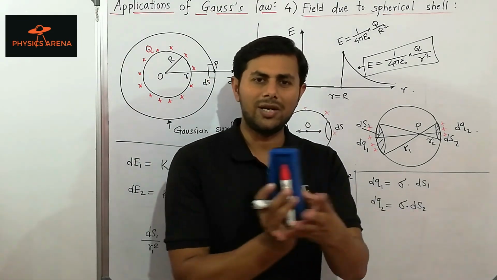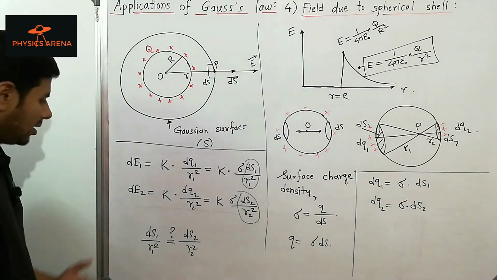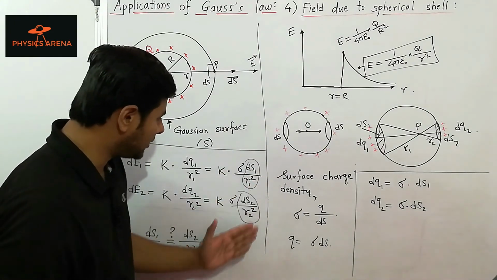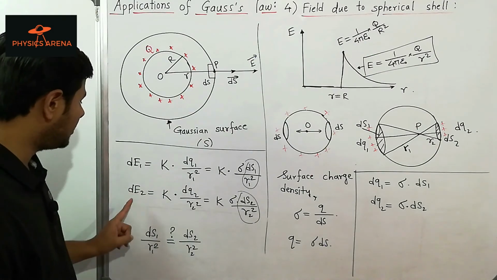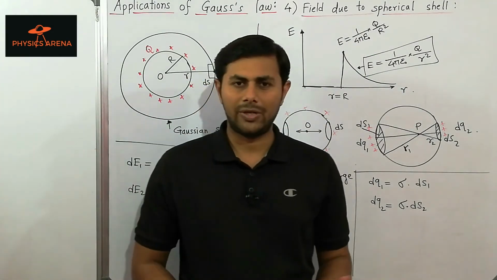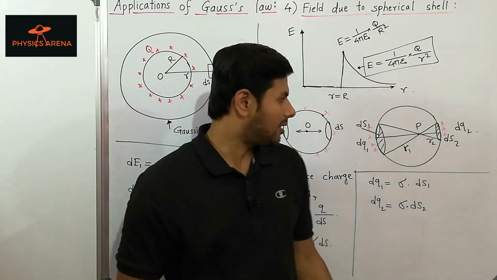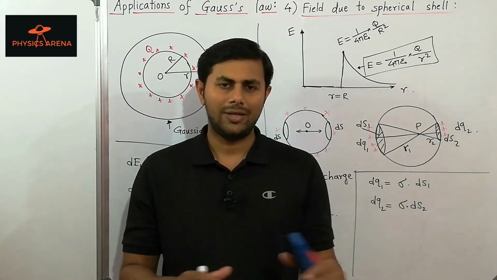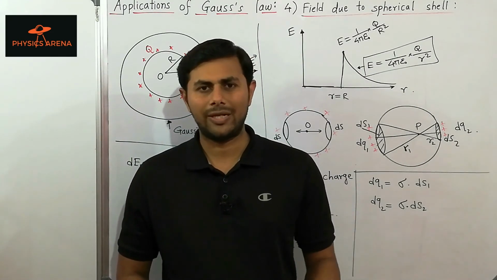They are vertically opposite solid angles. So that's why we can say that the solid angles are the same, ds1 by r1 square is equal to ds2 by r2 square, and that's why dE1 is equal to dE2. And hence, since dE1 and dE2 are directed opposite to each other, the net electric field at P is also 0. So the electric field in the interior region of a uniformly charged spherical shell would be equal to 0.